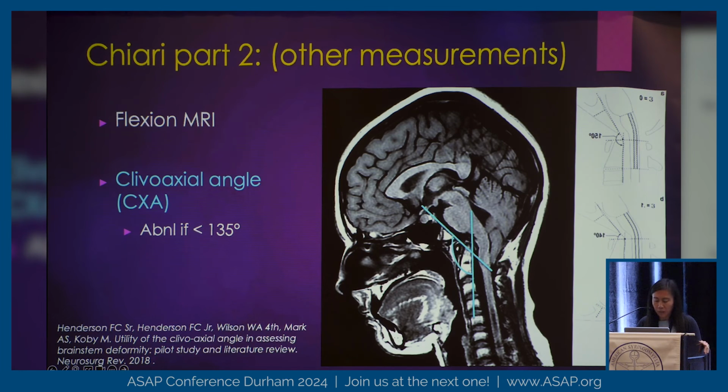I think it's like 120. And you can see the anatomy has changed a lot. So basically the clivus is almost horizontal lying. We have the dens that's sort of sticking up, and you're almost at the point where the odontoid process is coming up through the foramen magnum. So that is what we're looking at, the abnormal angle less than 135 degrees.